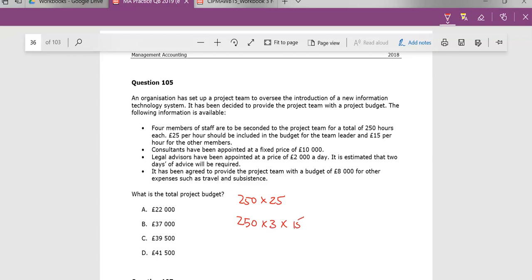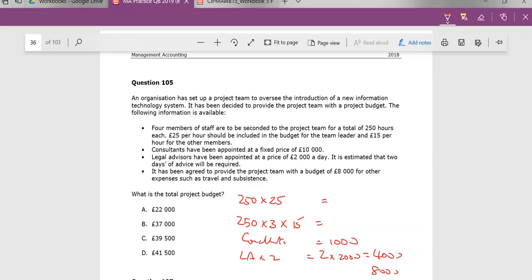Then you're going to hire consultants for a fixed price of £10,000. Legal advisors, 2 of them, at 2,000 for 2 days of advice, so that's 2 times 2,000, which is 4,000. And then you also will give 8,000 to this budget.